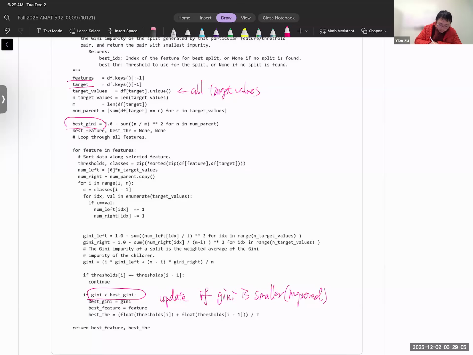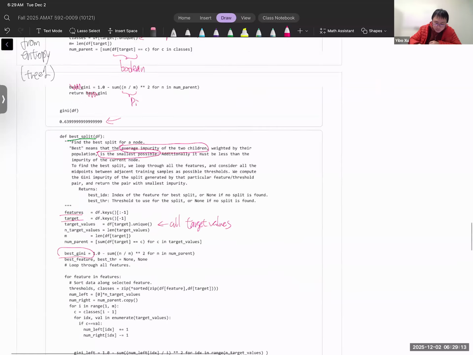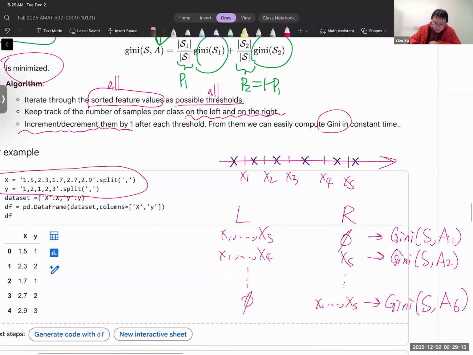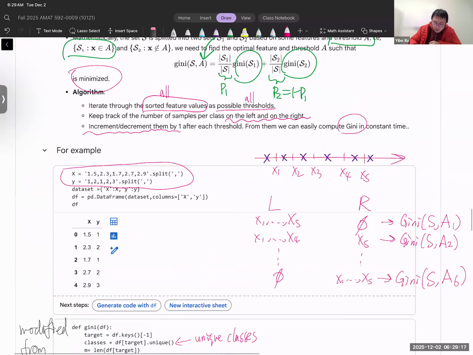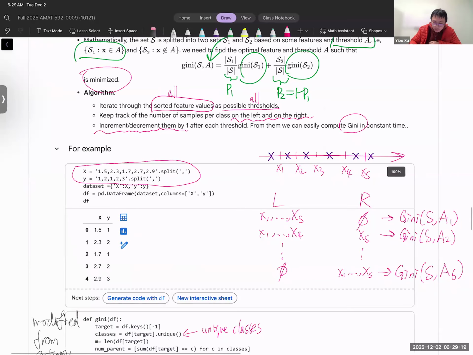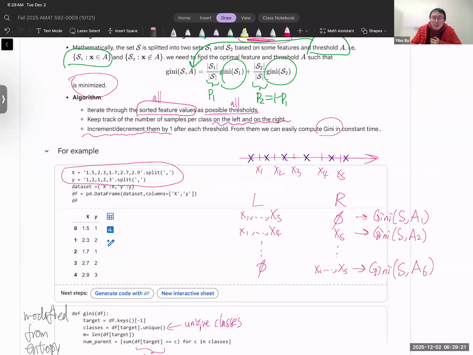And then here, the best feature you need to find out and the best threshold. Remember earlier, we didn't really specify. So when we talk about these crosses, they can be considered as midpoints or anything in between these data points. But if you go down, every time you're thinking about the set of data points, so you don't really need the thresholds.